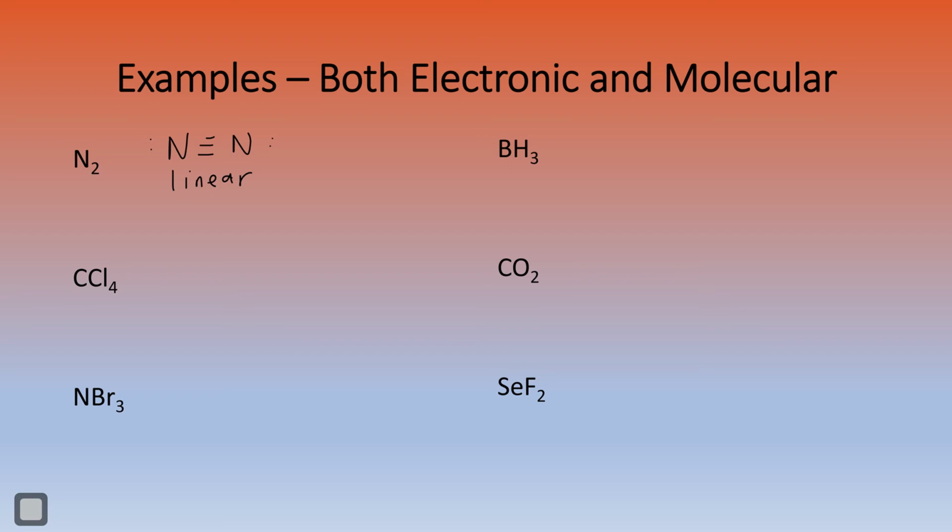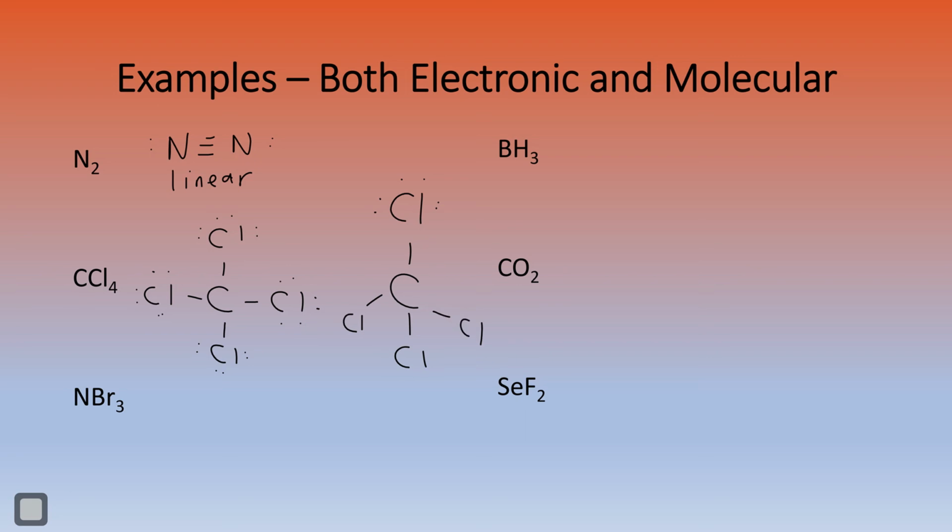For carbon tetrachloride, this is one I would not ask about the electronic geometry because, like I've said, we're not doing square planar. But this would be the electronic geometry. But then the molecular geometry, so many dots. I might leave the dots off just to speed up. We'd have it like that, where we'd actually bend those atoms down a little bit. Okay, bend it down.